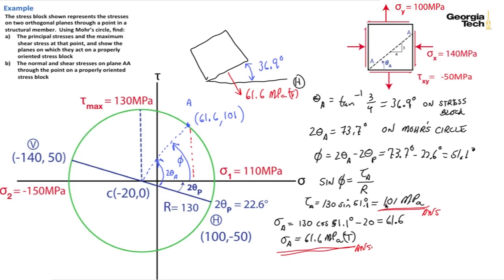And we have 101 and it's positive, so that means it's going to be in a clockwise direction on our stress block. And so our shear stress on that face is 101 megapascals. And so that's the solution.